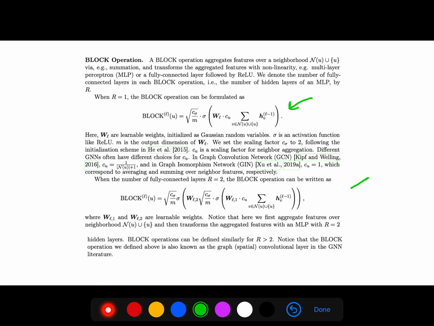When the number of fully connected layers is 2, the block operation can be written like this. Notice that the block operation we define above is also known as the graph spatial convolutional layer in the GNN literature.